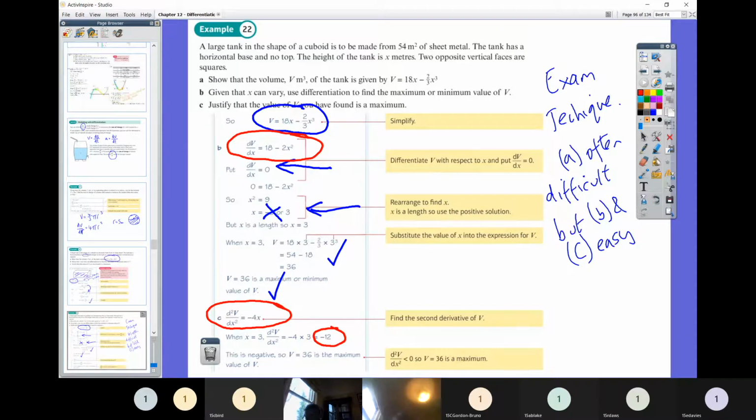Remember, when the second derivative is negative, that is a maximum point. So because d squared V dx squared is less than 0, it is a maximum.